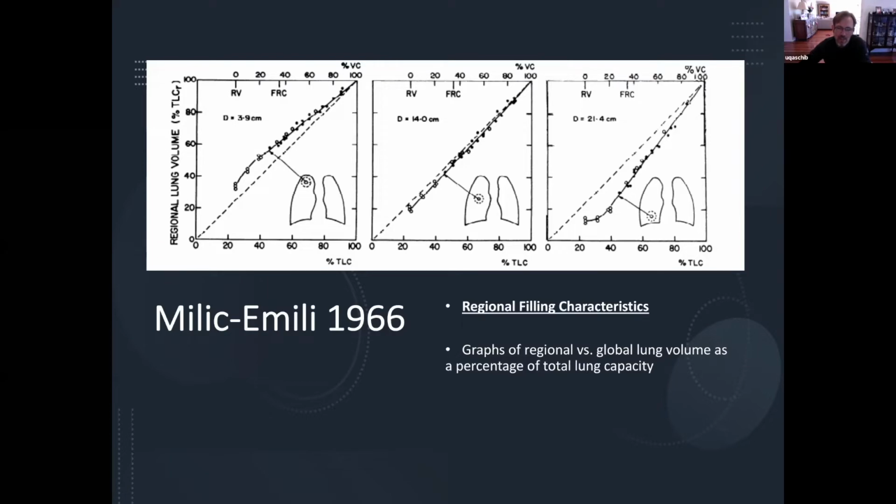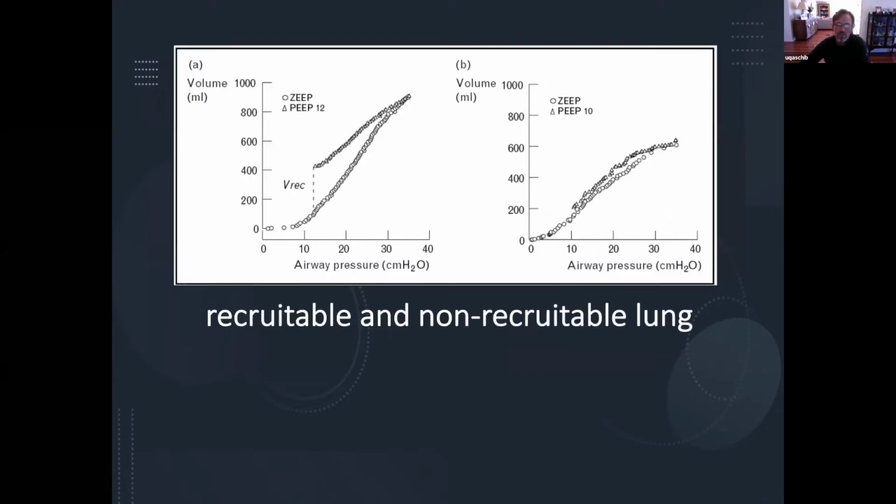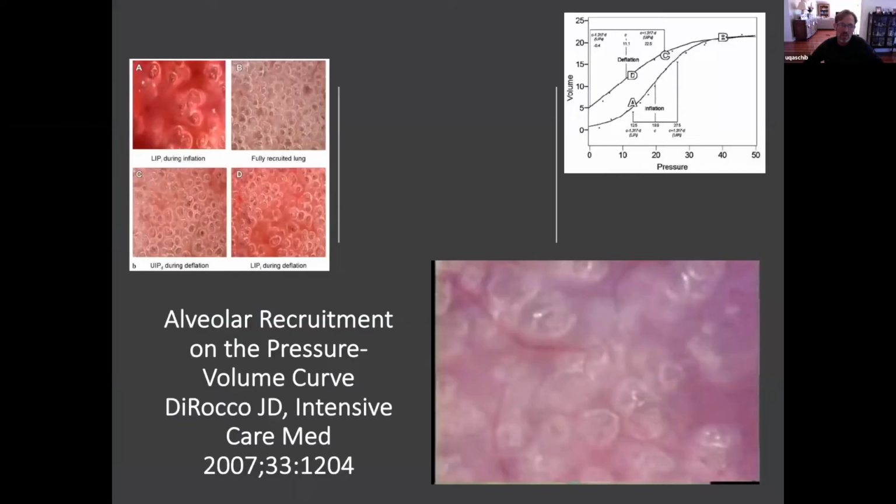So these are the very basic principles of where ventilation is going. And in sick lungs, we need to be mindful whether we can actually open up lung that has previously been collapsed. We know that some lungs can't be recruited, they can't be opened. So there's no point attempting lung recruitment if this can't be achieved with reasonable pressures.